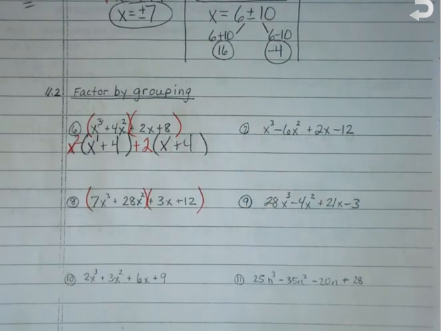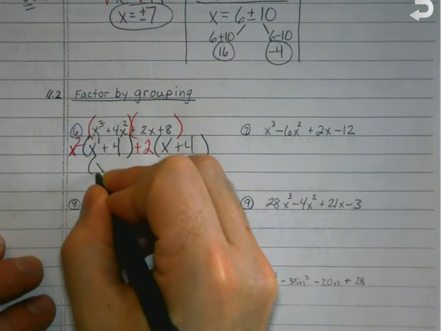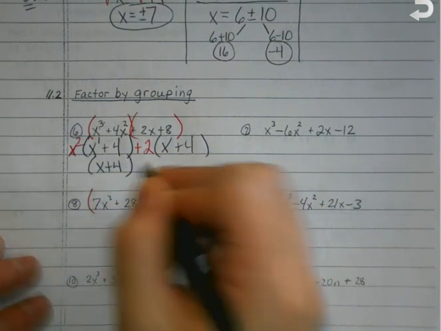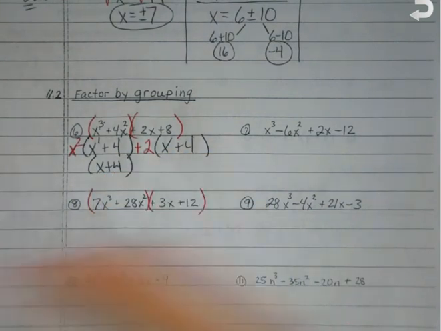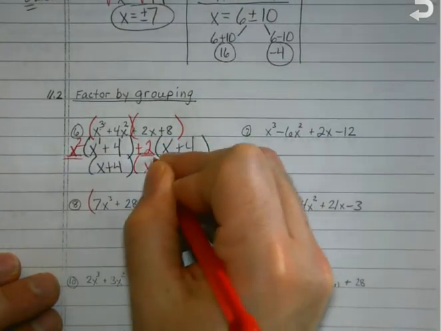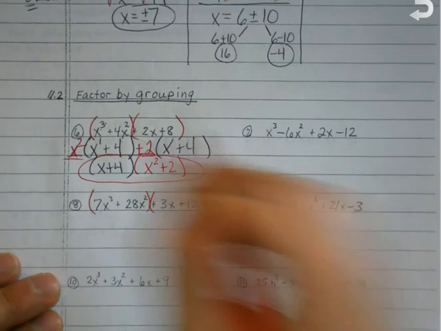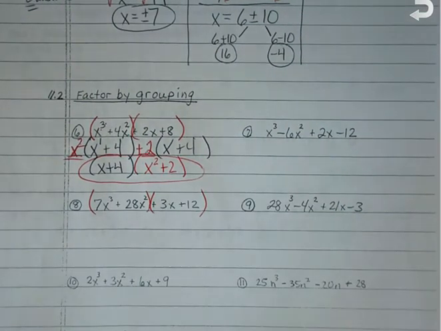I got the same set of parentheses there, and that's what I'm hoping for. Because then my answer is just to copy the in common set of parentheses, called a quantity, and then I take those other 2 pieces and get those. And that's how this works.